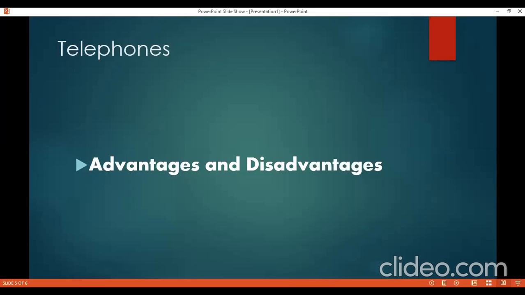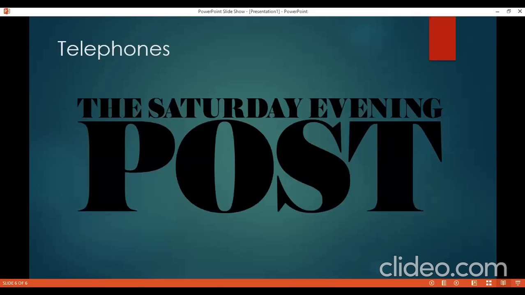Now, according to an article which is published in the Saturday Evening Post newspaper, there are at least 7 advantages of a landline phone. First, it's about cost. The cost of a landline is not so much in comparison to a mobile phone. Second, it's about emergency because landline phones usually work even when you experience a power outage, for example.